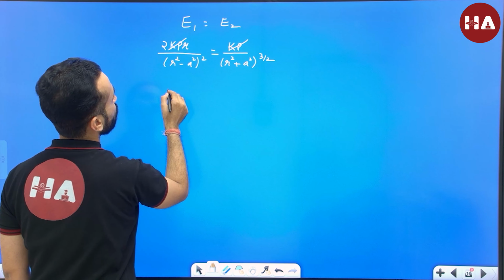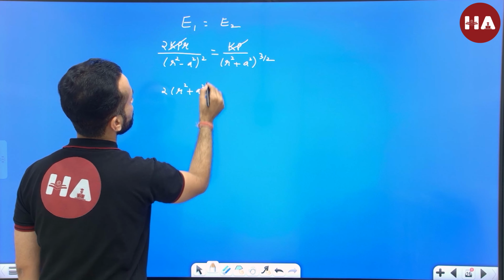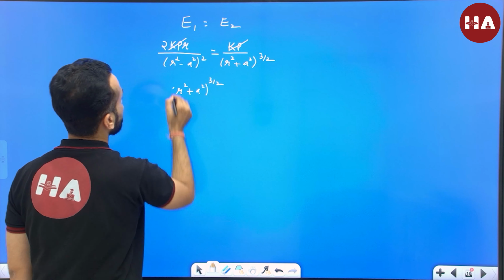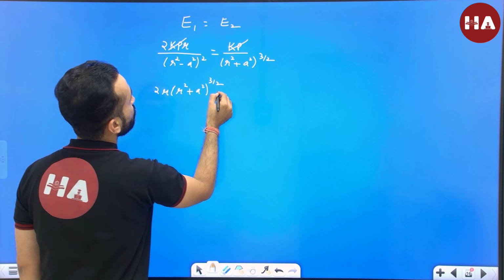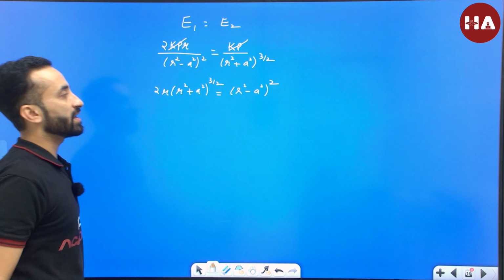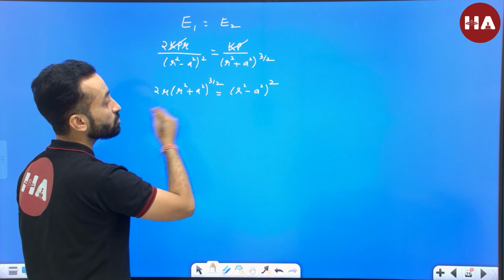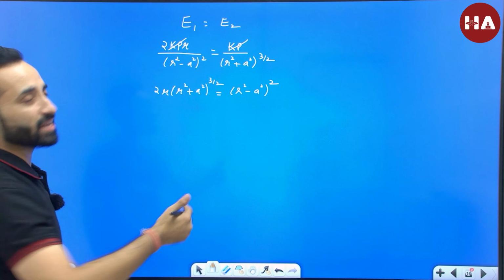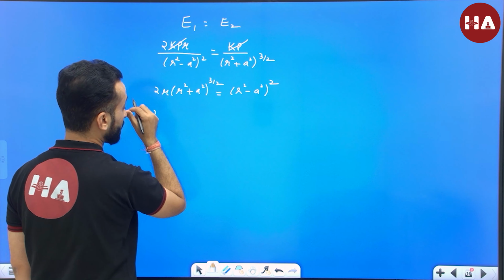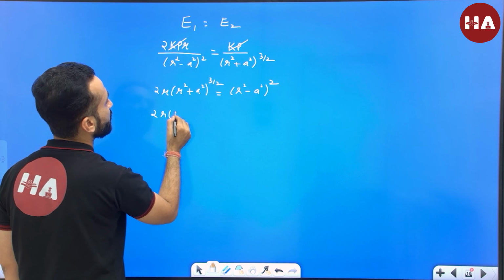So this becomes 2 into (r square plus a square) raised to the power 3 by 2. In fact, there is an r as well, so it's going to be like 2r, and this is going to be (r square minus a square) whole square, right? So let's divide by r raised to the power 4 on both sides just to create the term of a by r. I'm taking the r square term common.